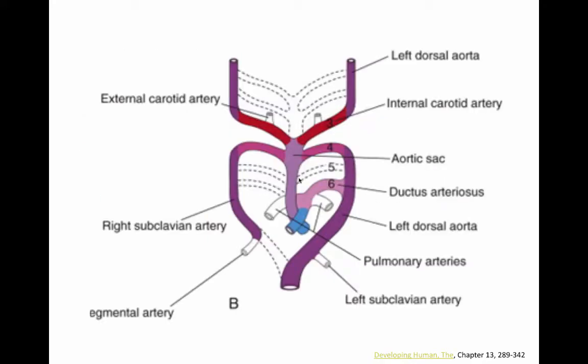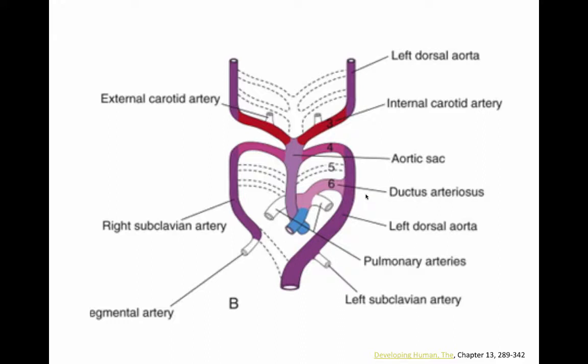And so as we get further and further along in the weeks of embryology, we can see, again, here's our first and second pair that have disappeared. We can see parts forming into the external and internal carotid artery, right? That's what we just talked about with the third one. And we're going to move to the fourth and sixth.